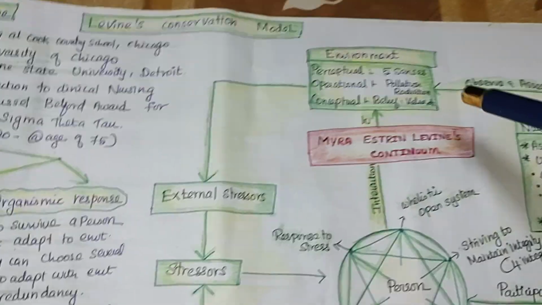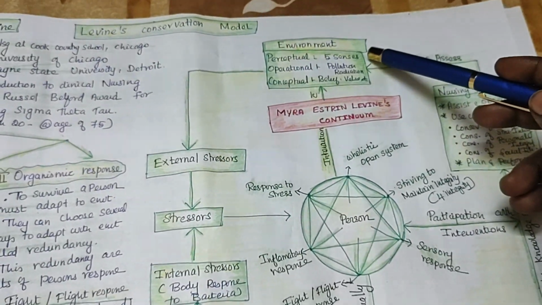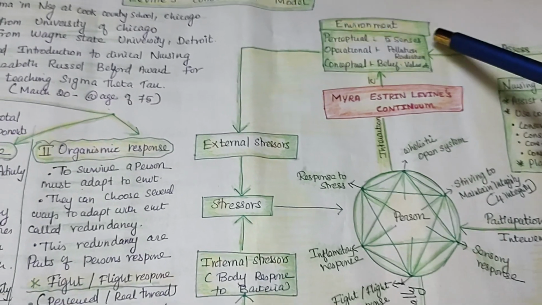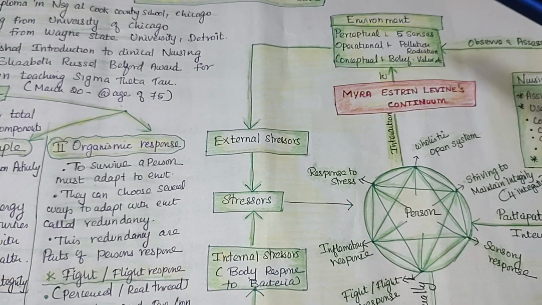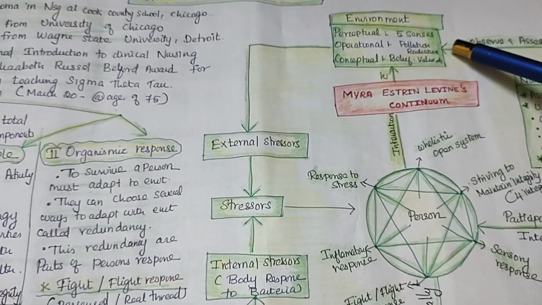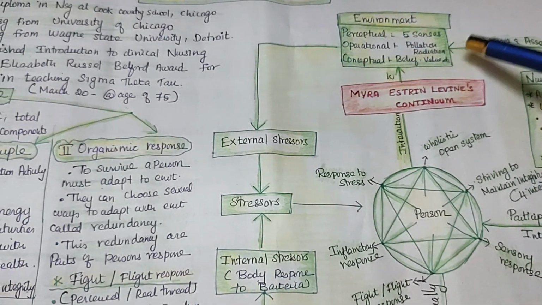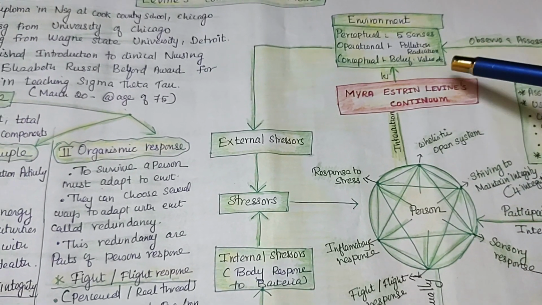According to Levine, there are three kinds of environment. First, the perceptual environment: the five senses, like seeing, hearing, smelling, what he is taking in through the senses, what he is seeing around him. Then the operational environment, the physical environment, like pollution and radiation, and how it affects him.